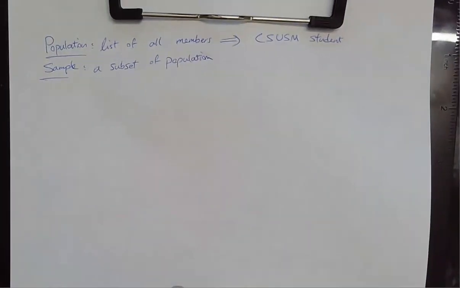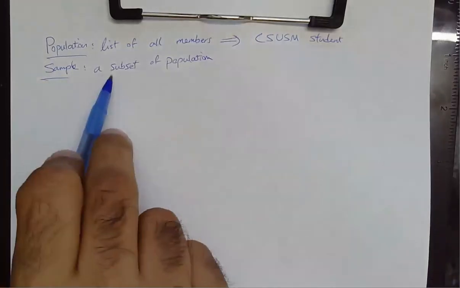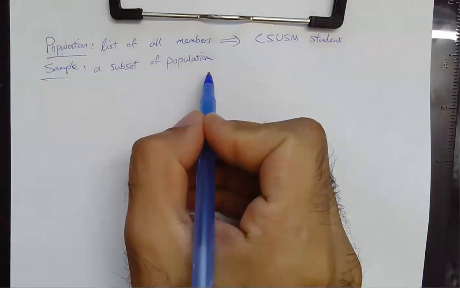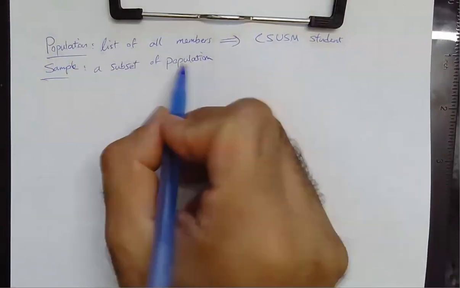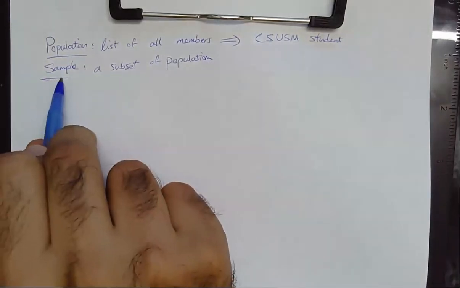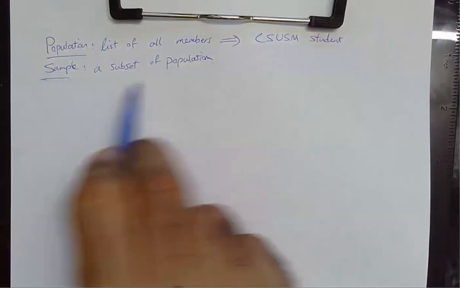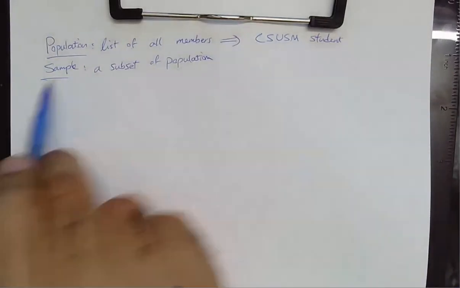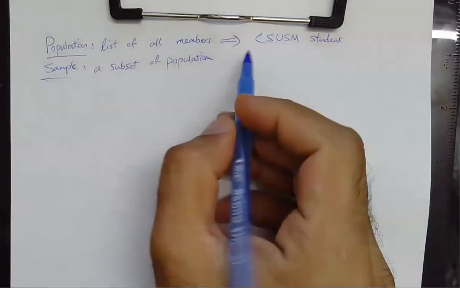And then sample would be a subset of the population. It doesn't matter how you select them. Any subset can be a sample, as long as there is one member, it's called a sample. Even if there are no members, we can have a void sample, which basically has no member, but that's not really important right now.